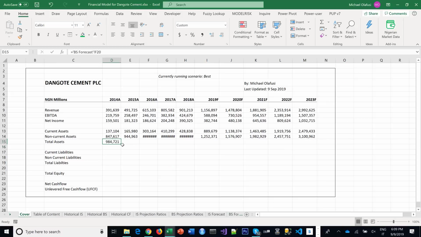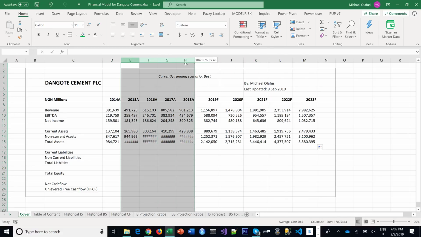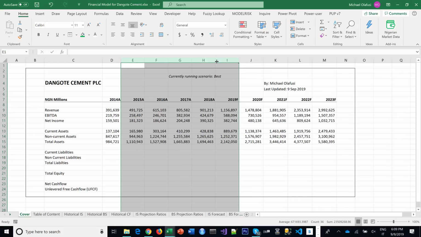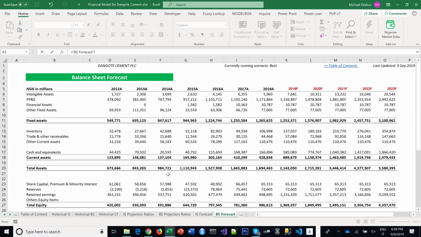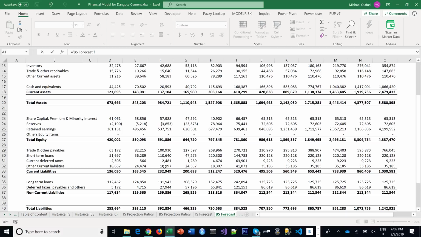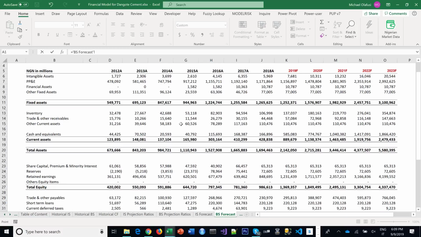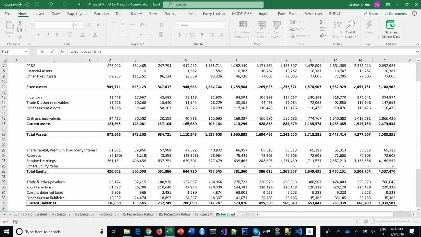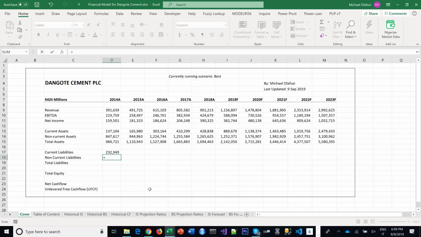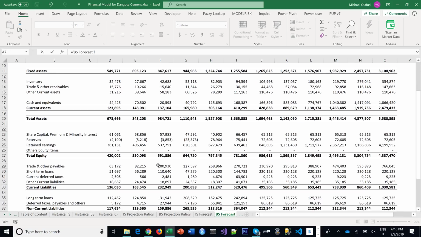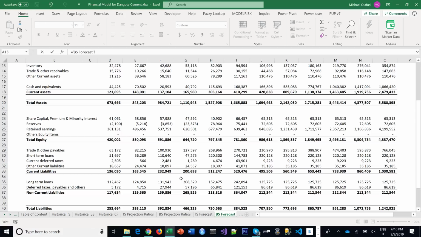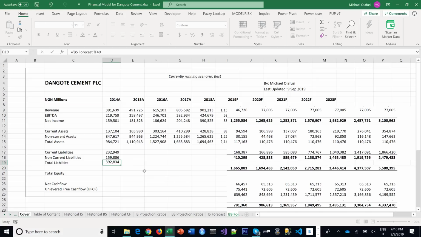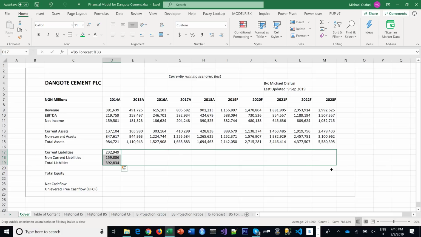I drag forward, so if I want this, the current liability from 2014, that's F. The current non-current liability, the total liability. So all of these I can drag forward to get for the future.